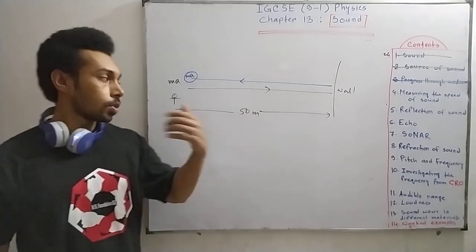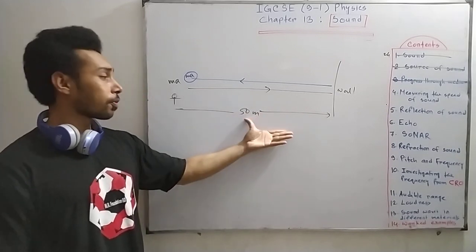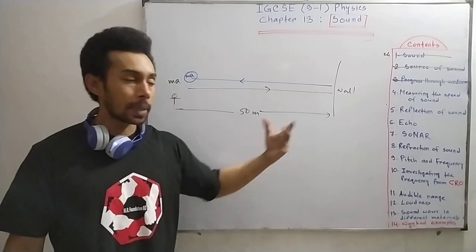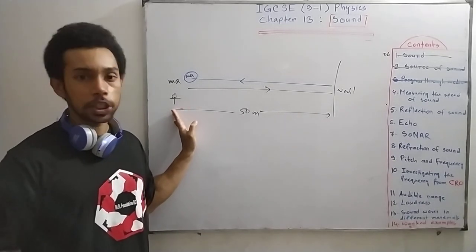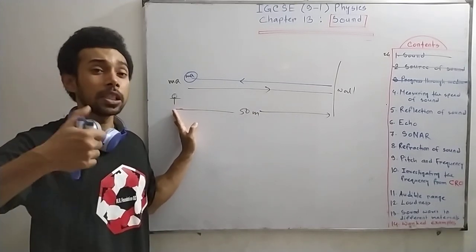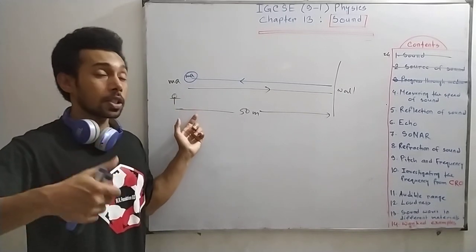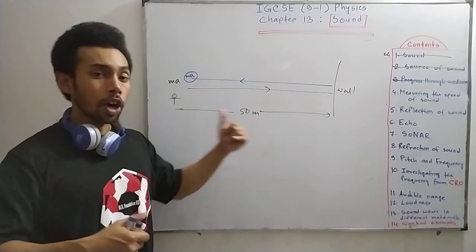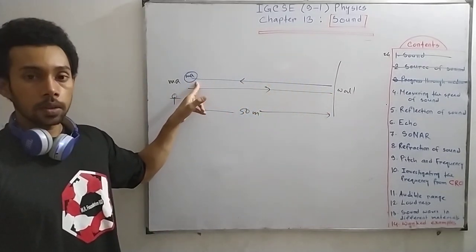So stand about 50 meter from a large blank wall or a tall building. Produce a sound by shouting, and start the stopwatch when you shout, and stop the stopwatch when you hear the echo.